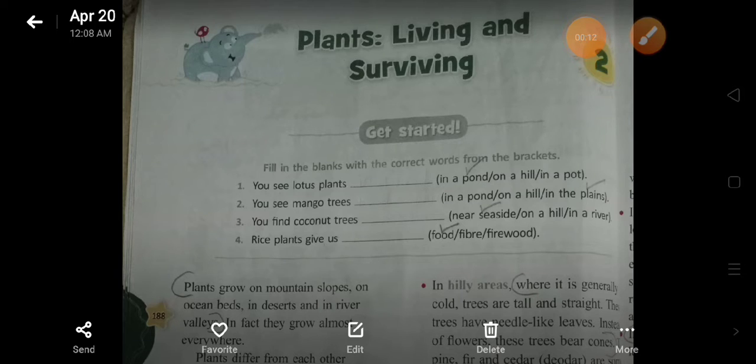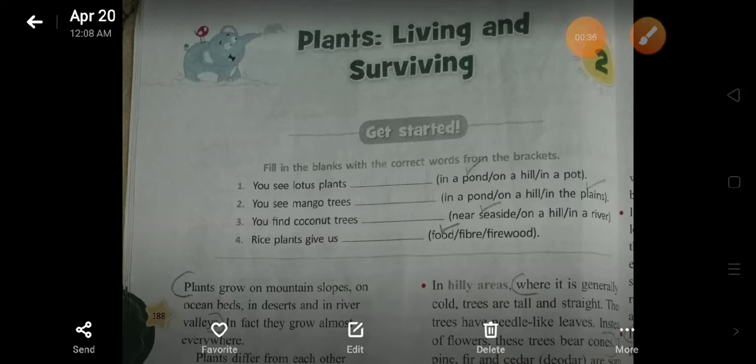Students, just see the given exercise on the top of the page number 188. And the exercise is fill in the blanks with the correct words from the brackets.